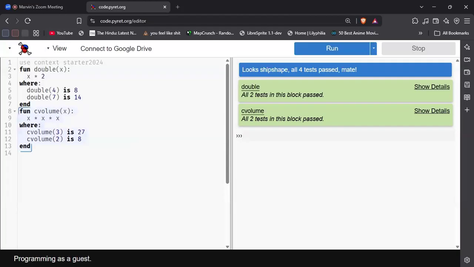Okay, so here's your next challenge. Define square distance. Given the length.